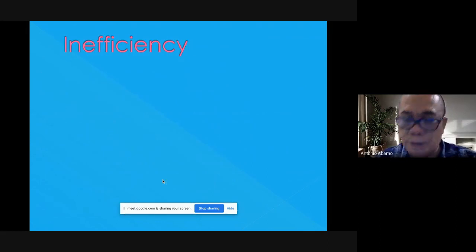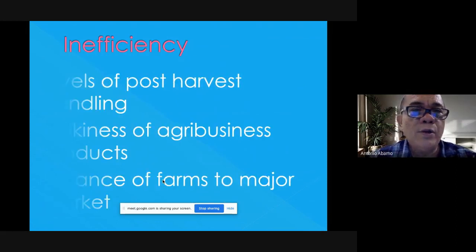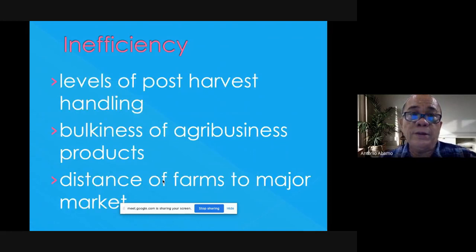Another issue of inefficiency is the kind of post harvest handling that you have. Post harvest handling, the bulkiness of agribusiness product. If it is too bulky, you have to think about bringing the product as quickly as possible to the market. Otherwise, you run into the problem of spoilage.